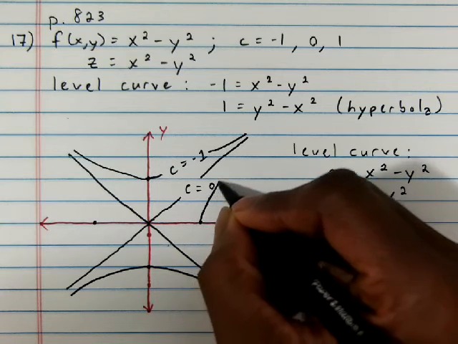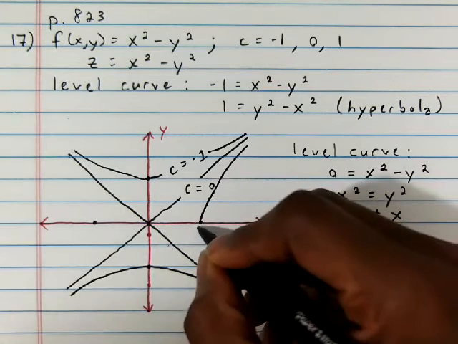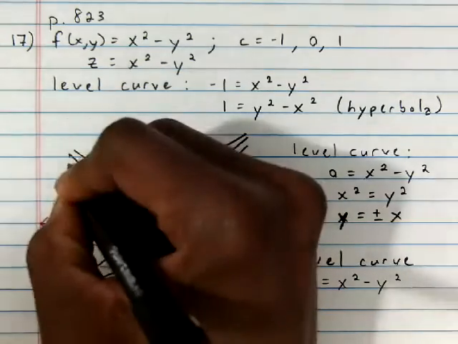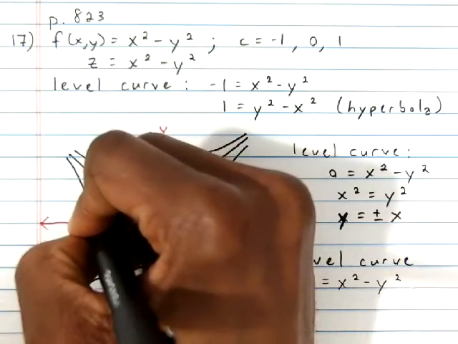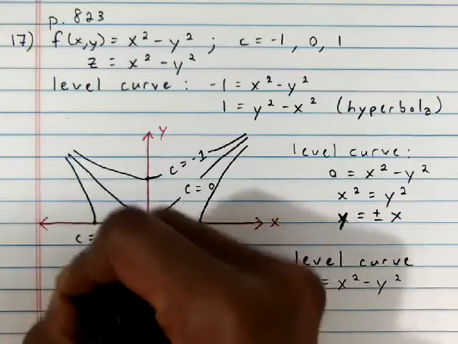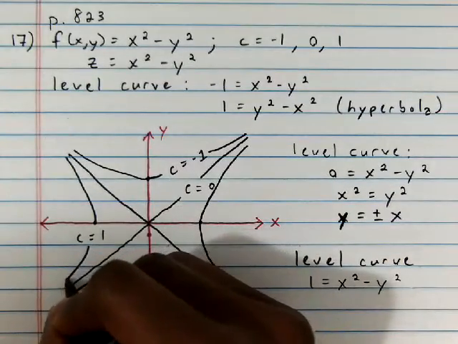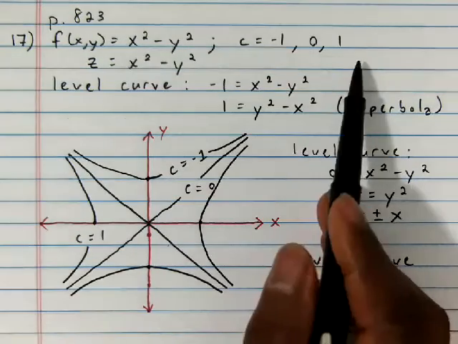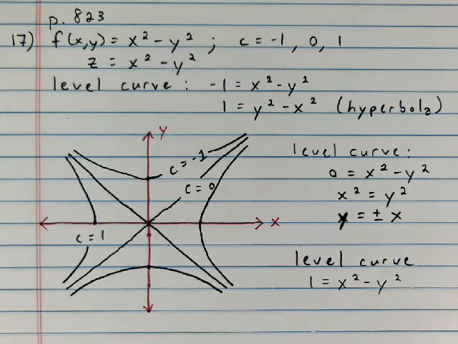So this is for c equals 1, so I'll put that over here. And those will be those 3 level curves that they requested of us for this particular problem.